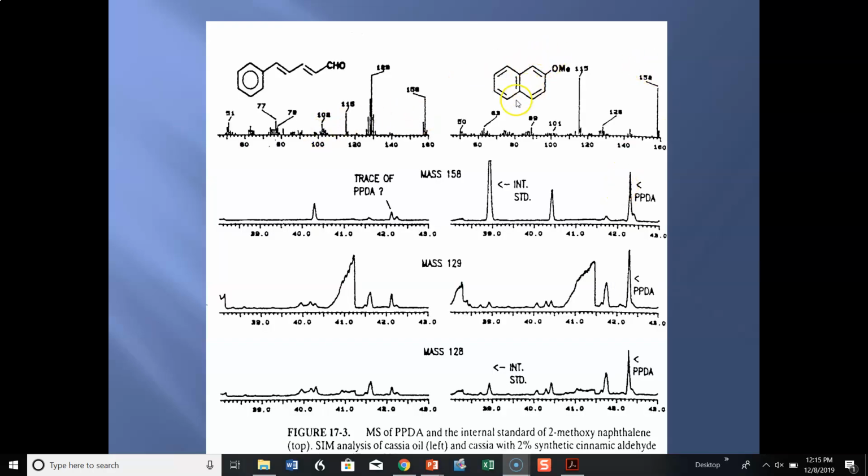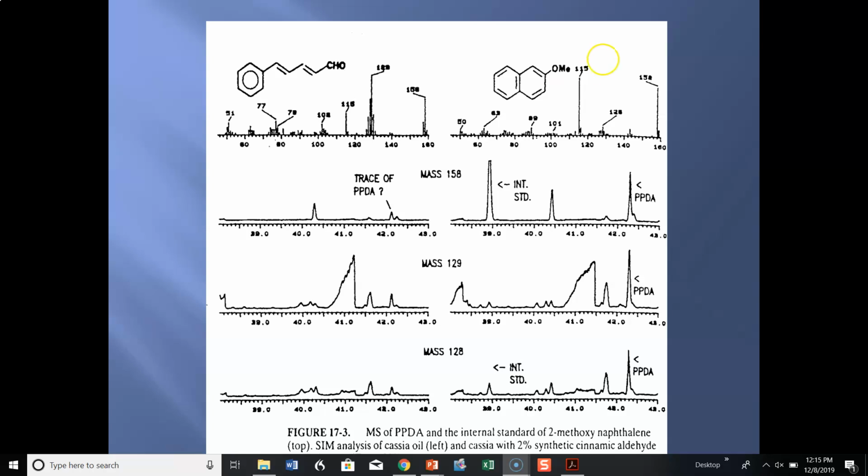And so the next figure shows what cinnamic aldehyde looks like. It's top left. On the top right, we have the phenylpentadienyl as a contaminant of synthetic cinnamic aldehyde.